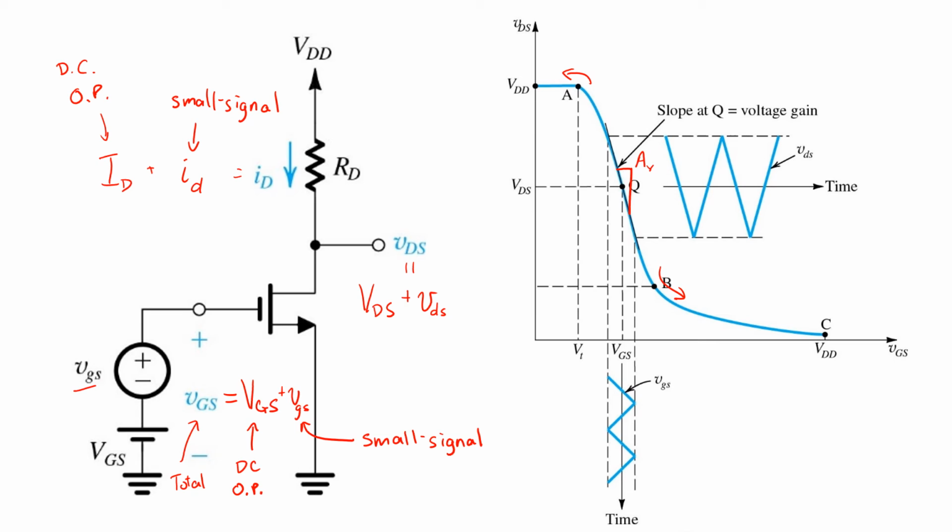So one criterion for the designer to select the operating point by applying the appropriate DC operating voltage VGS would be to make sure Q is centered in that range. That would allow for the maximum possible signal excursions while still keeping the transistor operating in saturation mode. We'll discuss that further later.